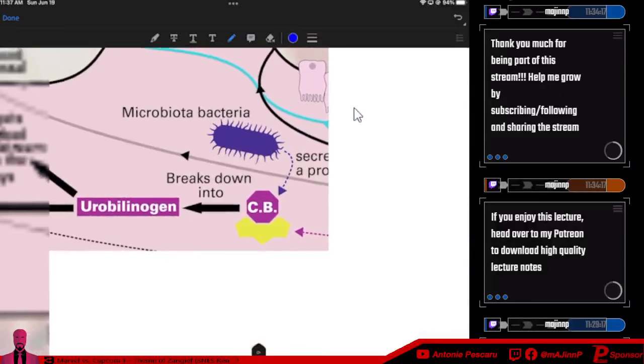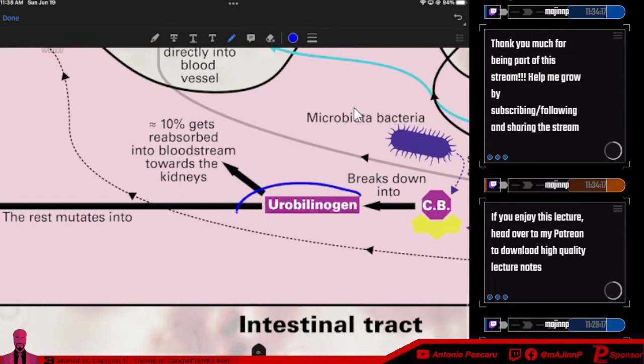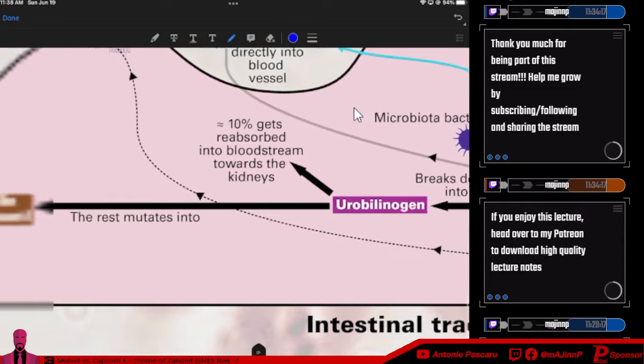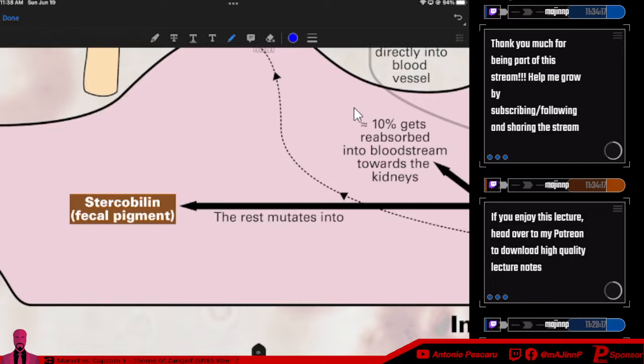As we follow the digestive tract, your microbiota bacteria break down the conjugated bilirubin into urobilinogen. At the beginning, I talked about metabolic wastes, and the metabolic waste is that urobilinogen. 10% gets reabsorbed into the bloodstream towards the kidneys, and then the rest mutates into stercobilin.